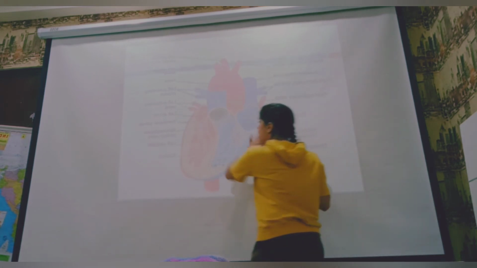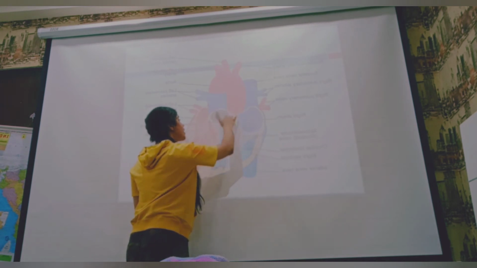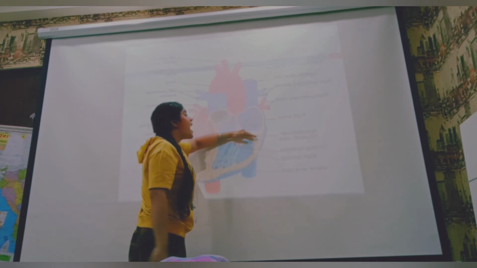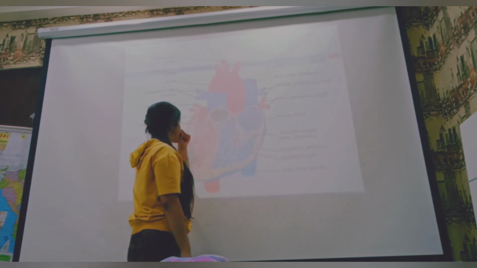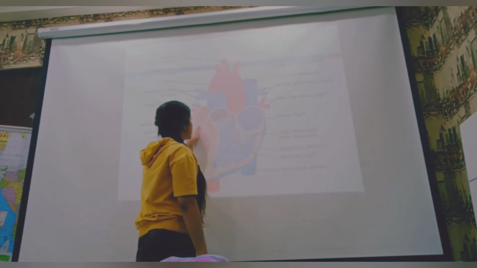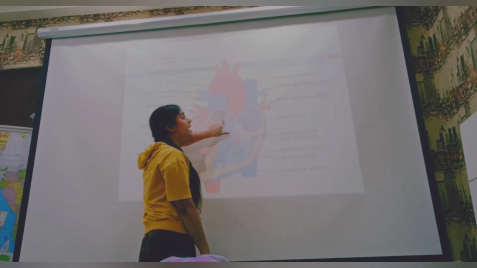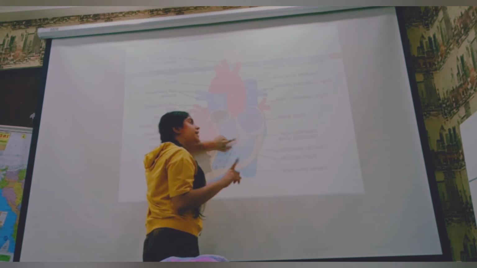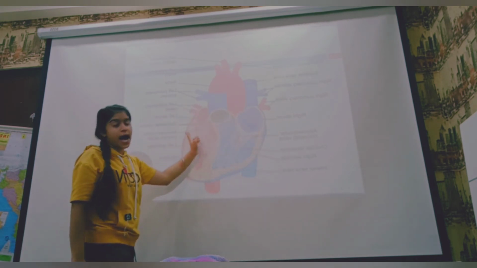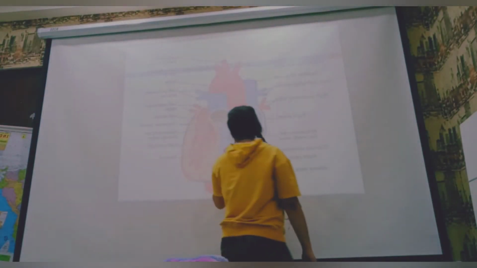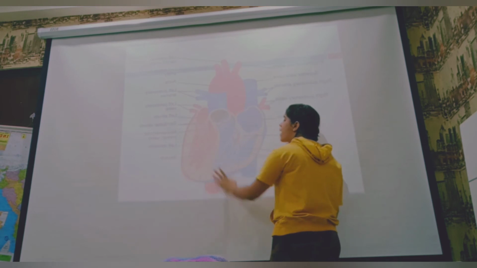If I talk about when two atriums are getting separated, the septum in between, that's my interatrial septum. The interatrial septum separates the two atria, whereas the interventricular septum separates the two ventricles.